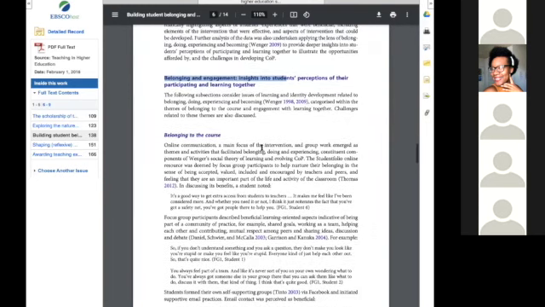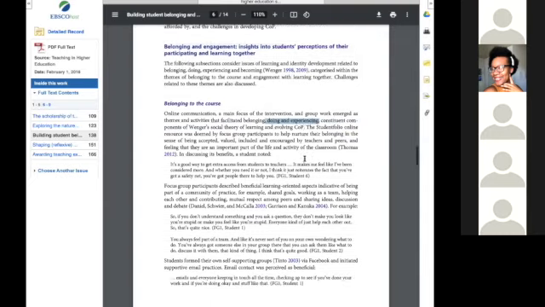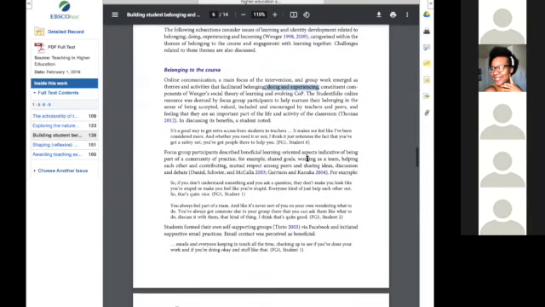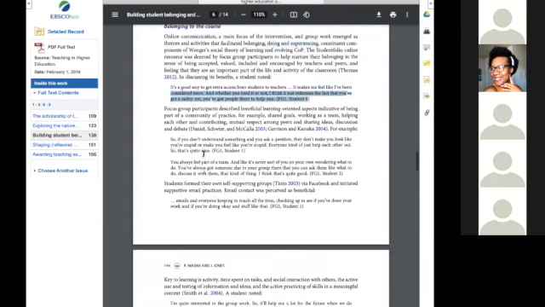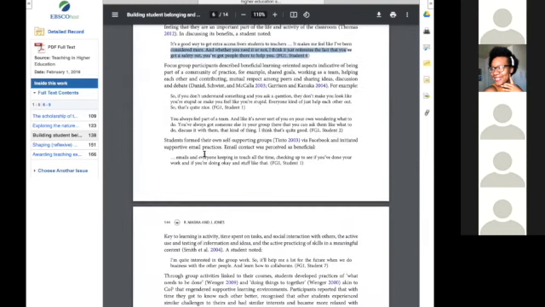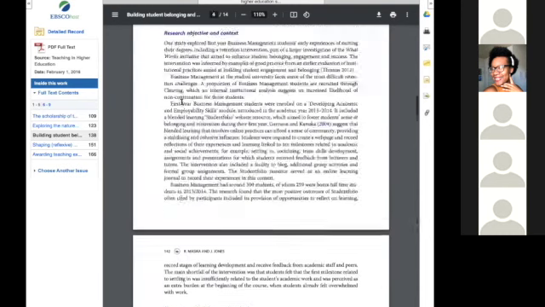"A main focus of the intervention and group work emerged as themes and activities that facilitated belonging, doing, and experiencing constituent components of." Okay, so this is saying that students really cared for it, and it asks students to focus on doing and experiencing. It's a good way to get access from students to teachers. It makes me feel like I've been considered more. Okay, I like this article, and I'm not going to read all of it right now. I just kind of like it.